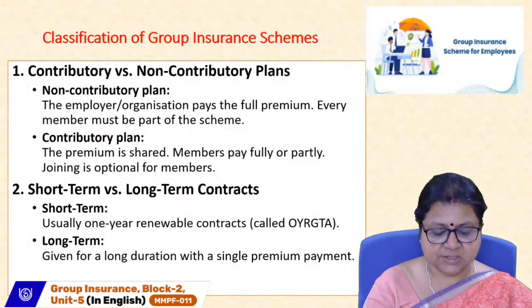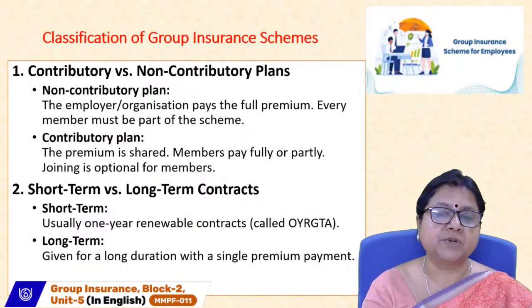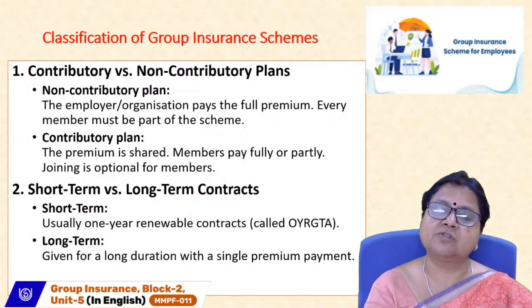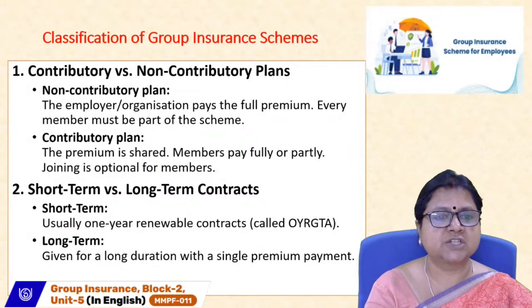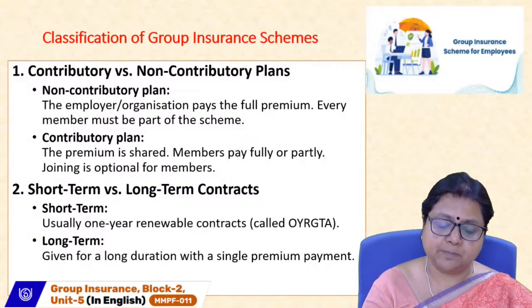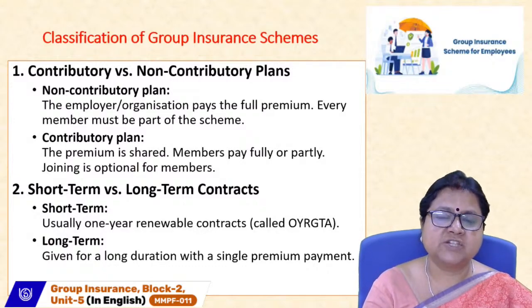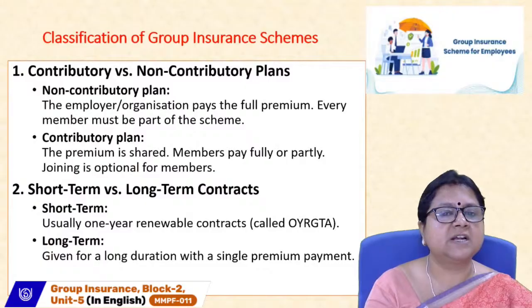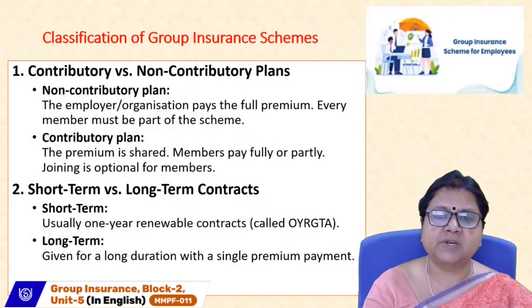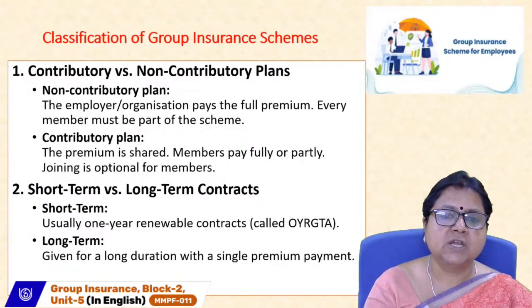Now, as we discussed here, the policy holder is the company, and all the employees of the company are the beneficiaries of the insurance scheme. There can be a few schemes where the employer pays the entire premium, so the employees are not liable to pay the premium.